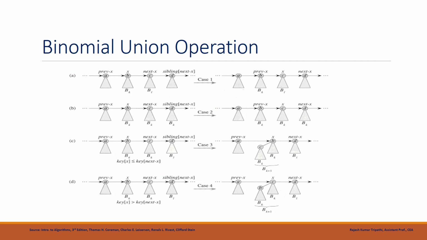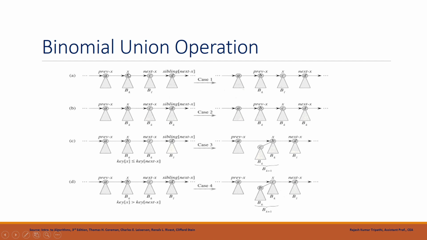So here you can see the graphical representation, the meaning of all the four cases. So case 1, if A, B, C, D are the binomial trees in a binomial heap, in that case, if your pointer previous x is pointing to A and x and next x are pointing to B and C, then we check the degree of x and degree of next x are not the same, and also the degree of next to next x is not the same, then our pointers will move ahead in the forward direction.